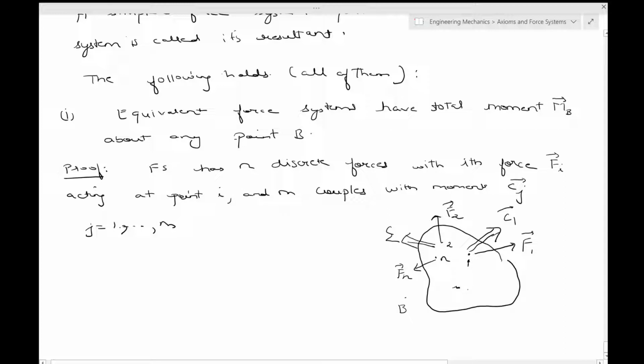Say the point I over here has a force Fi, and this is a point B. This is the vector from B to I, and this is another point A.